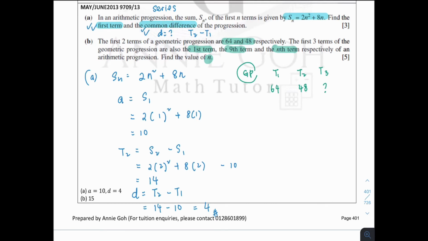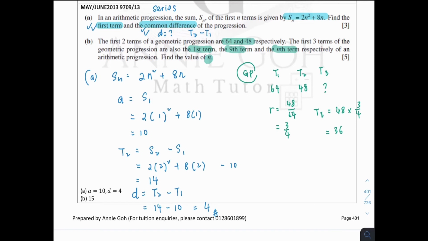So from here, the GP will have a common ratio. So r is equal to 48 over 64, which is equal to 3 over 4. And therefore, to find the third term, it should be 48 times 3 over 4, which is equal to 36. That's our third term for the GP.